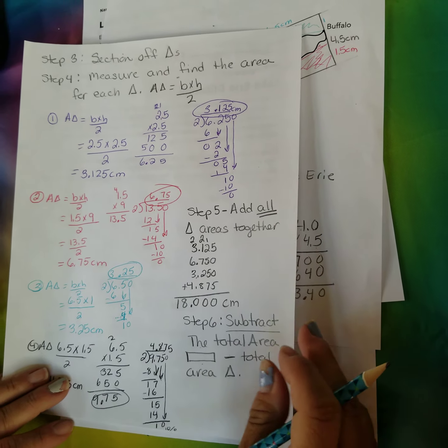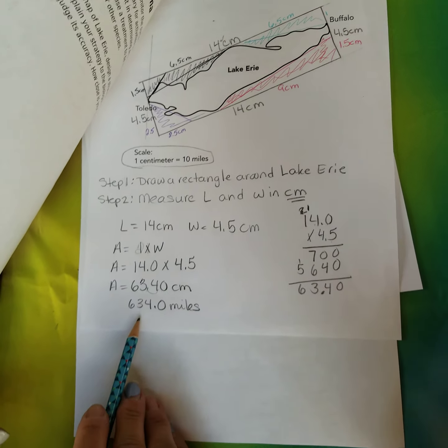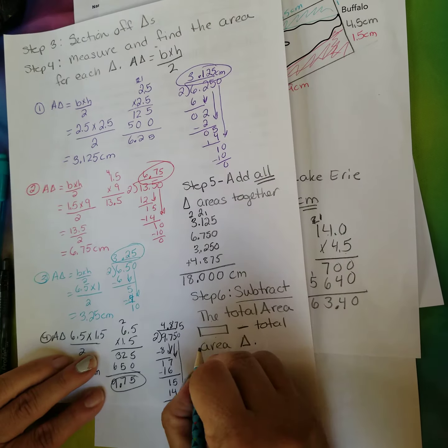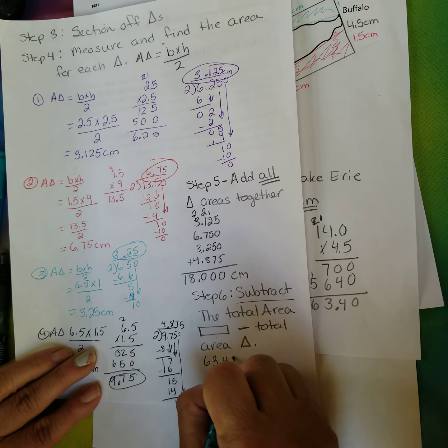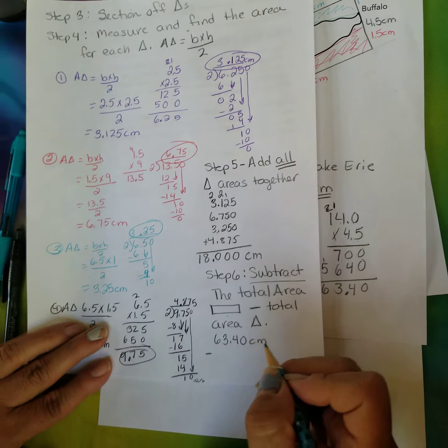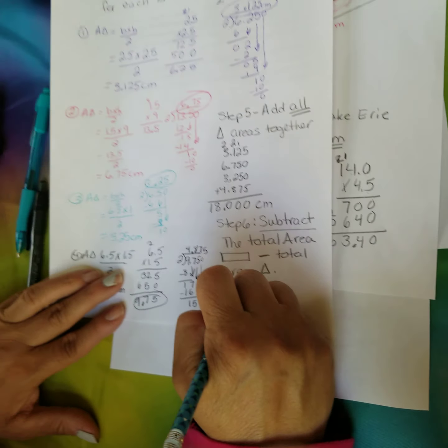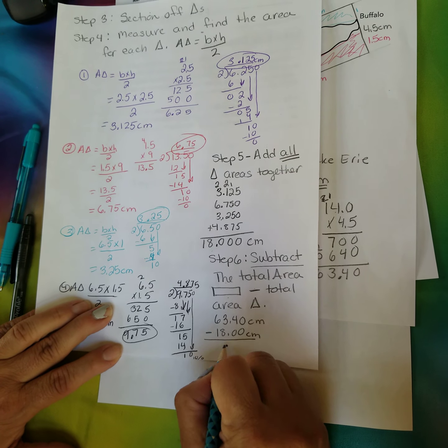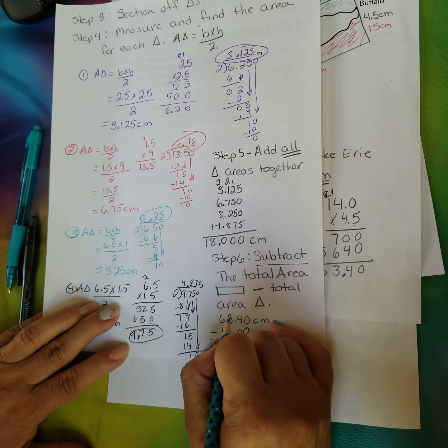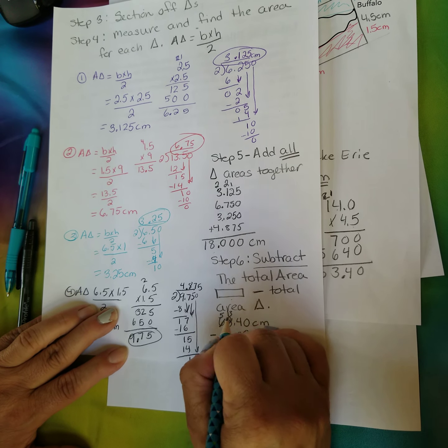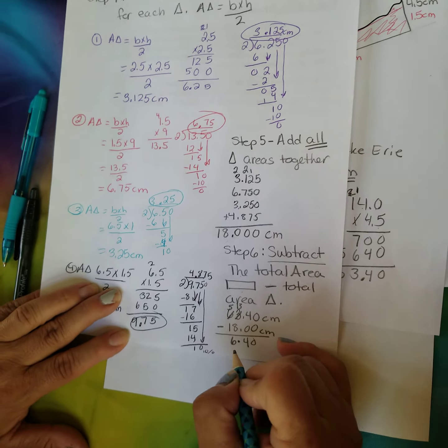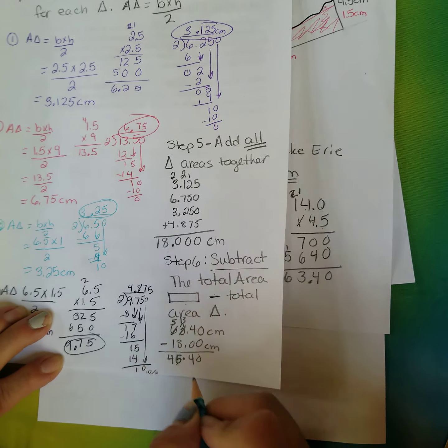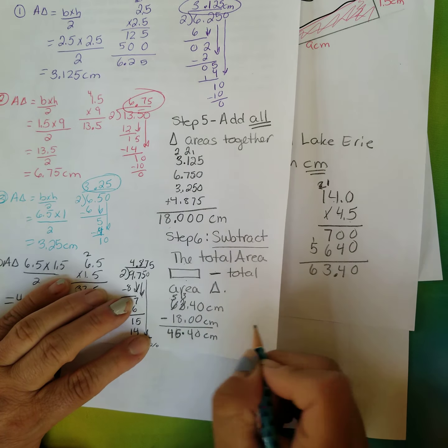So the total area of our rectangle, if we go back, was 63.40 centimeters. And the total of our triangles was 18 centimeters. So we're going to subtract. This becomes 13. This becomes 5, which makes that 6. No, sorry, 5. And that's 4. So that's how many centimeters.